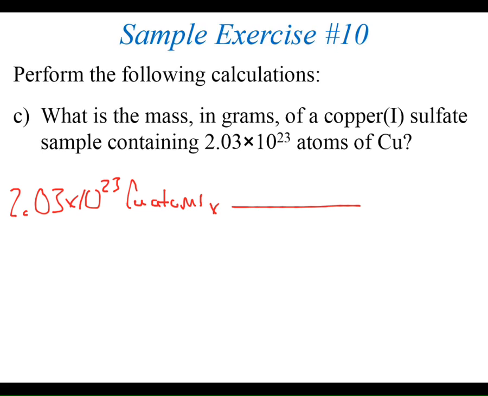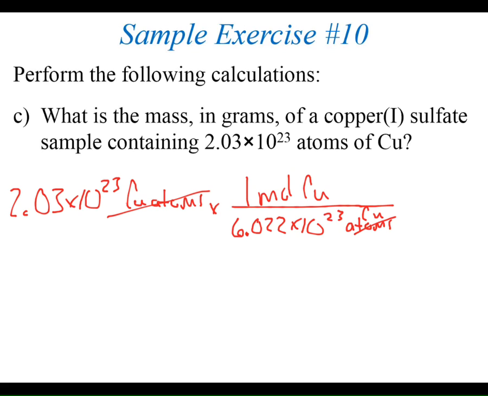So when you see atoms, what do you start thinking about? Avogadro's number, right? That's all you can do. So will that number go on top or bottom? Bottom. So that will turn atoms of copper into moles of copper. Put Cu there, why not?